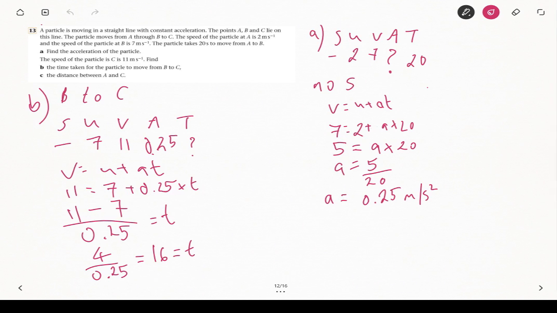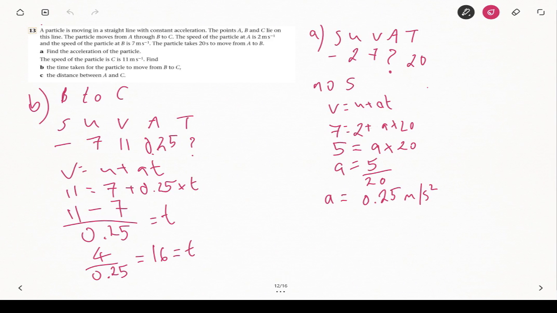Then for part B, it asks about the time taken for the particle to move from B to C. So again, I repeat the process. I put my variables in, and I decide which equation I want to use. Again, I want no s, so I've got v = u + at. Now my v is 11, my u is 7, and then everything that was here.